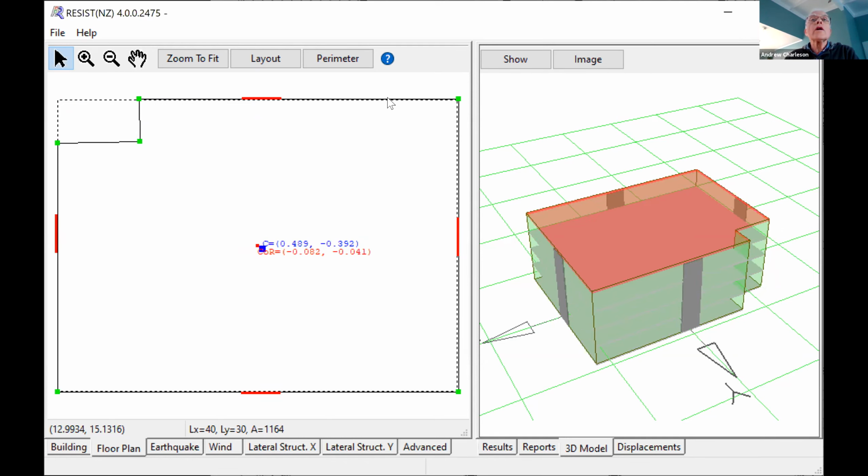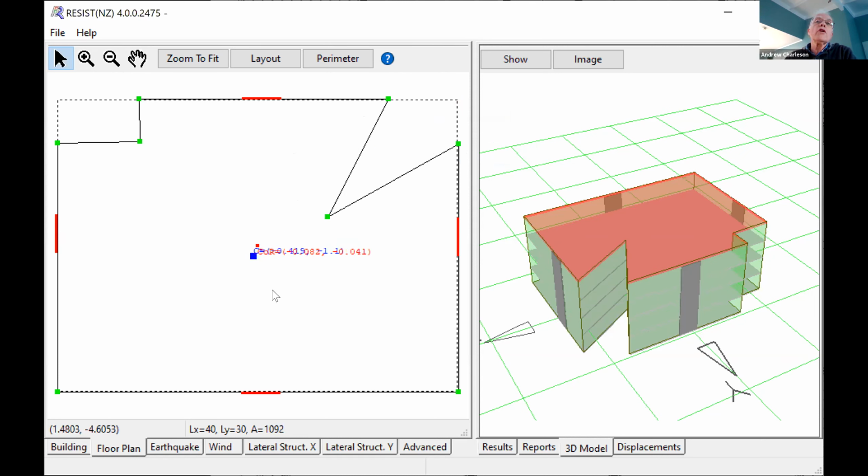And so you right click to add as many points as you want to create any shape of building plan. You could design a really weird plan if you want to. And so you've got to model your design reasonably accurately. And you can do that by putting in lots of points and dragging.